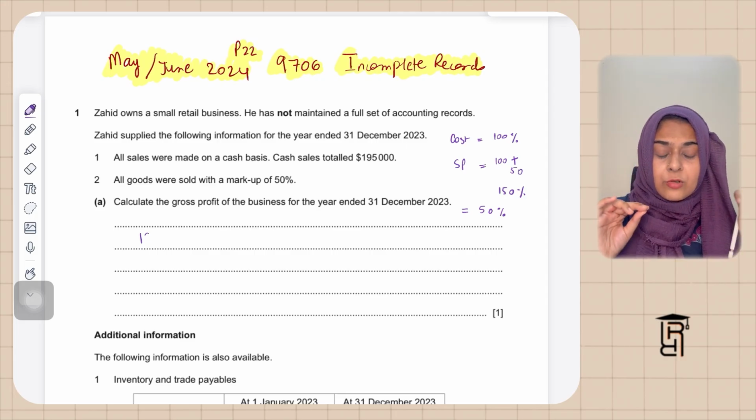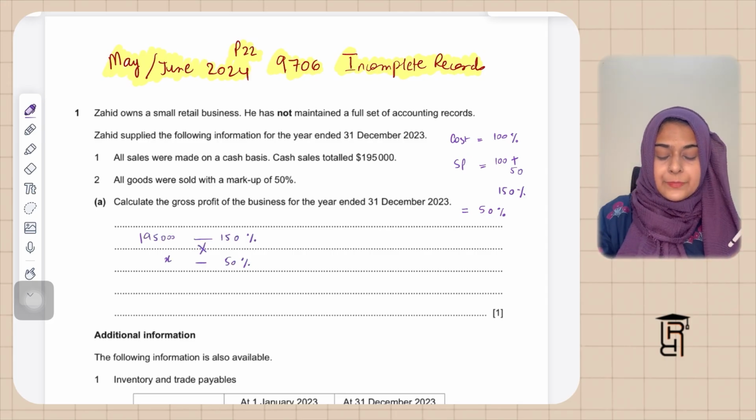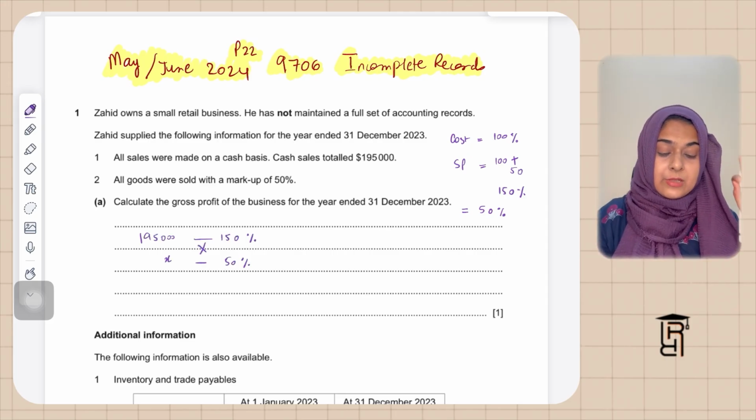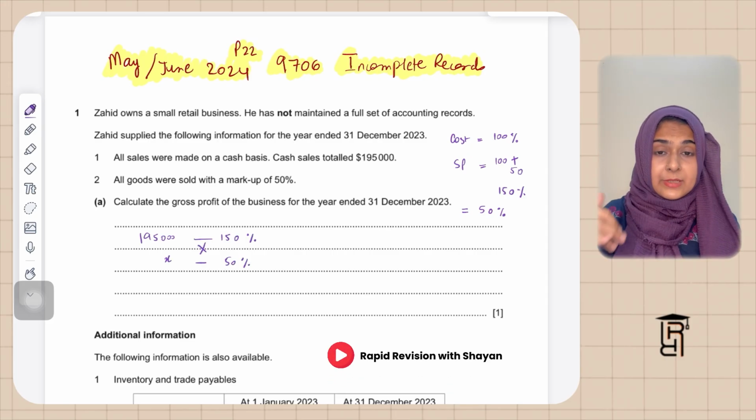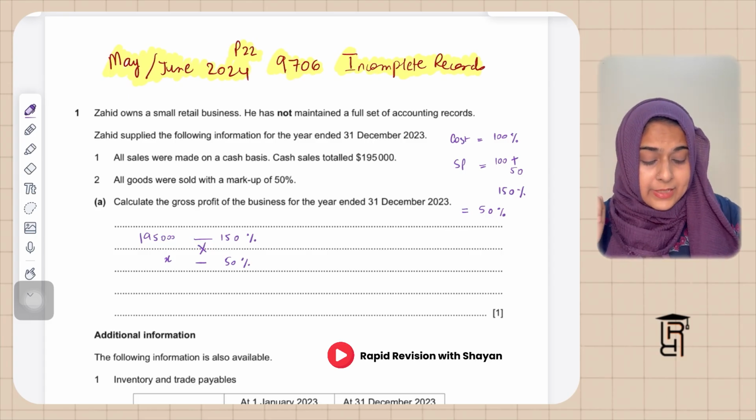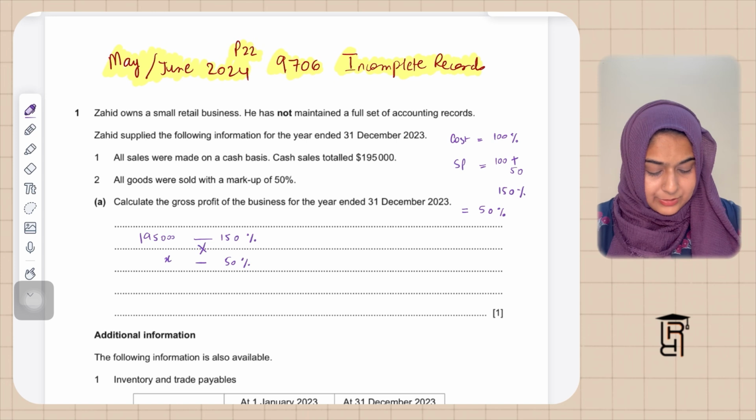But if I need to find out cost of sales, I will write 195,000 is 150%, X is 100%, and then I'll find out my cost of sales. When I cross multiply, I get the value for X as 65,000. So this is my gross profit, which is pretty simple.